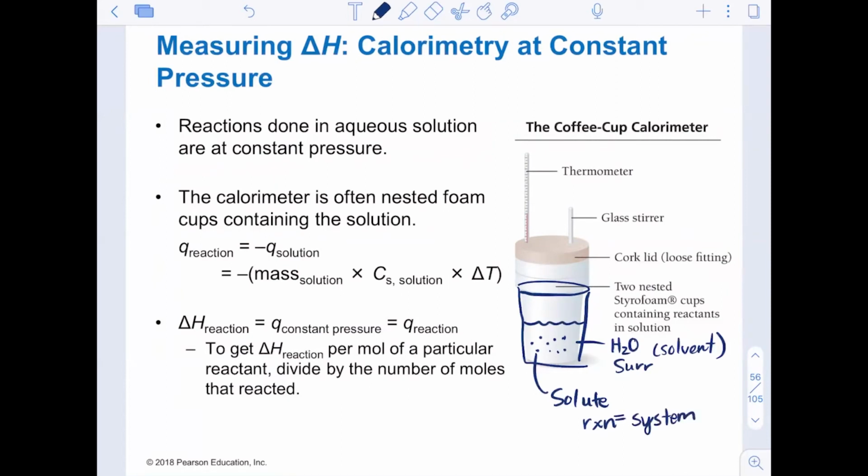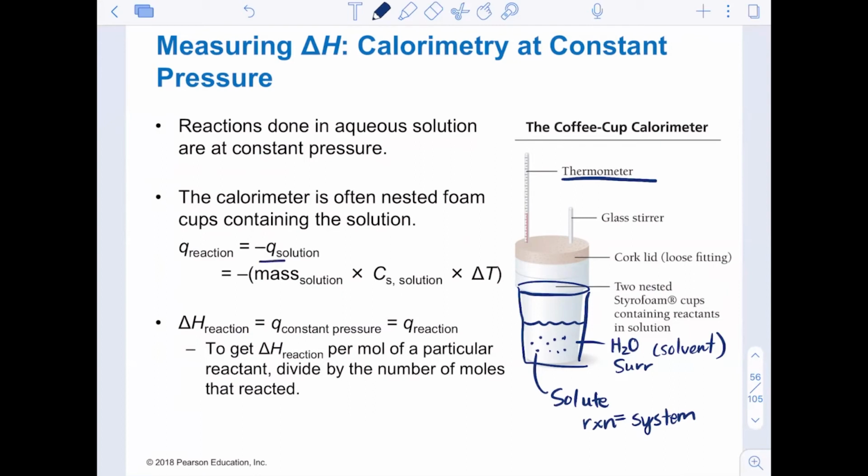So be very, very careful with what we're actually measuring the temperature of. The thermometer will still be measuring the solution, which is the surroundings, all right? Because the majority of the solution is water, and that is of the surroundings.